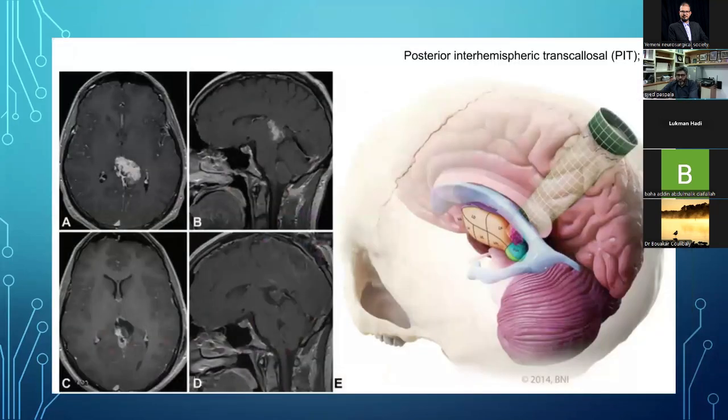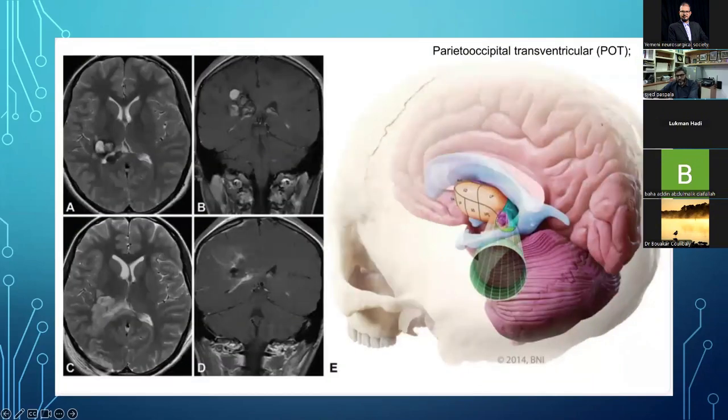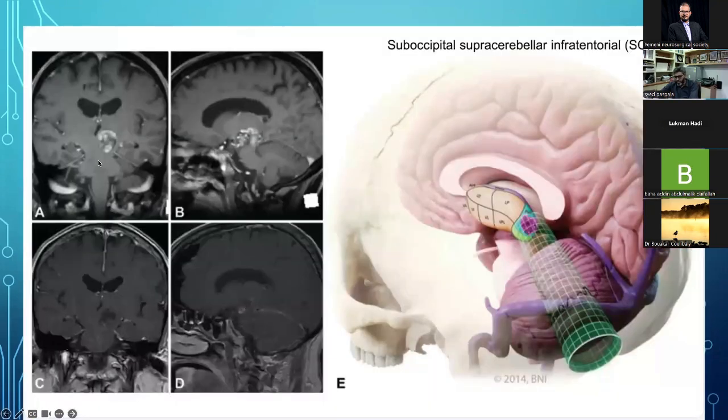And if the lesion is in the superior part of the thalamus here, the access will be through the posterior interhemispheric transcallosal approach to reach that region. And if the lesion is posterior inferior and a little laterally located, we have to gain access through the parieto-occipital transventricular route to get better access.